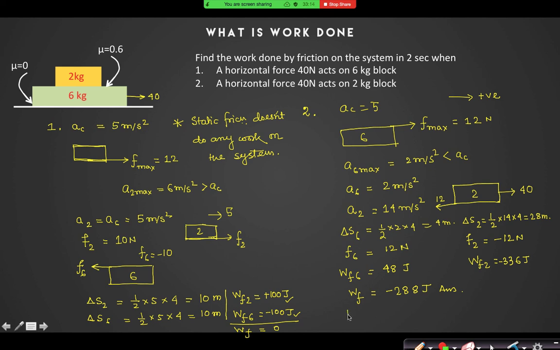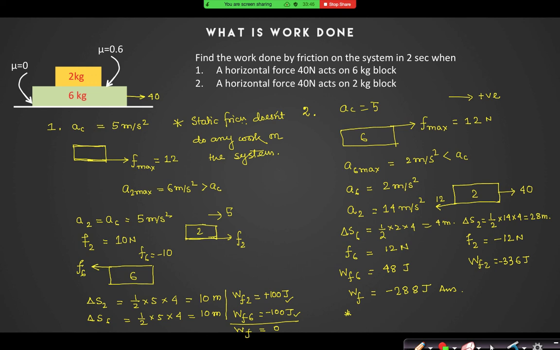From here you can see that for a system there will be a relative motion, right? So for the block on which the force is acting, the friction will act in the opposite direction, and that block will have more acceleration.